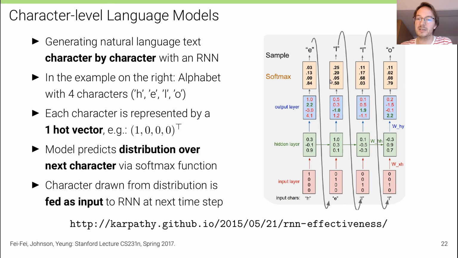In this case, actually, 5% probability was L, but it was still drawing the correct character, even though that probability was so low.